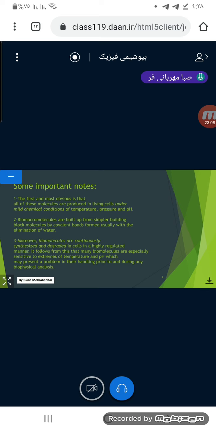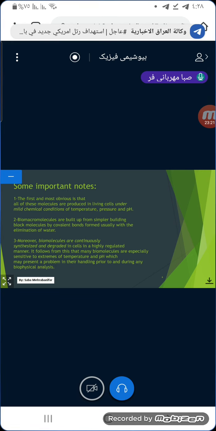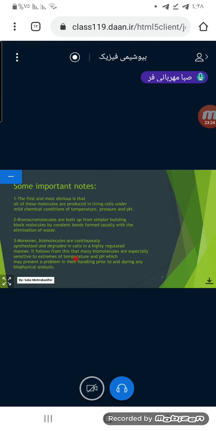Moreover, biomolecules are continuously synthesized and degraded in cells in a highly regulated manner. It follows from this that many biomolecules are especially sensitive to extremes of temperature and pH. As I told you, temperature and pH are very important, and they can change the structure and some characteristics of molecules, which may present a problem in their handling prior to and during any biophysical analysis.